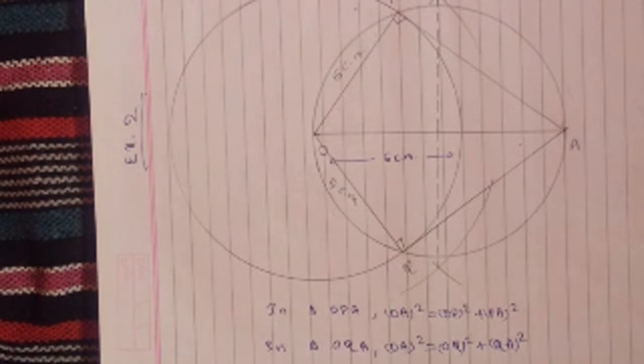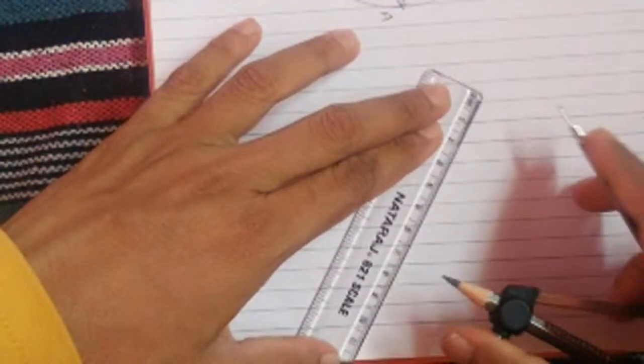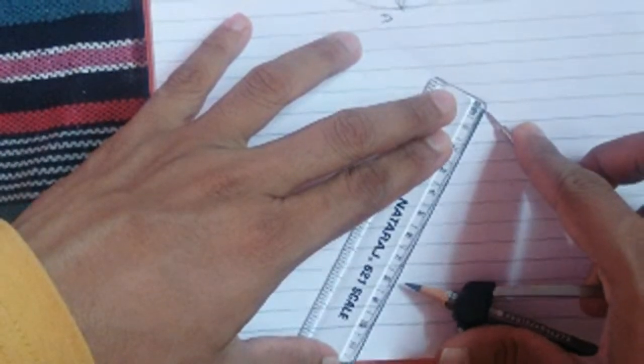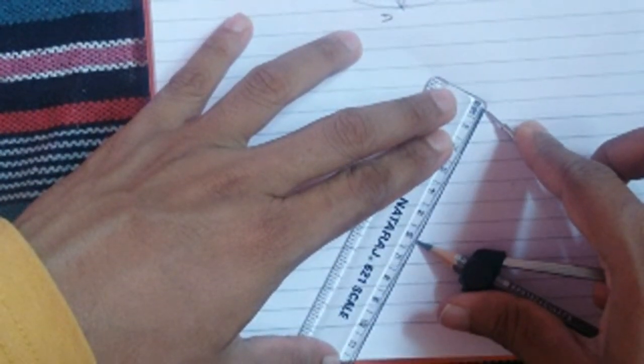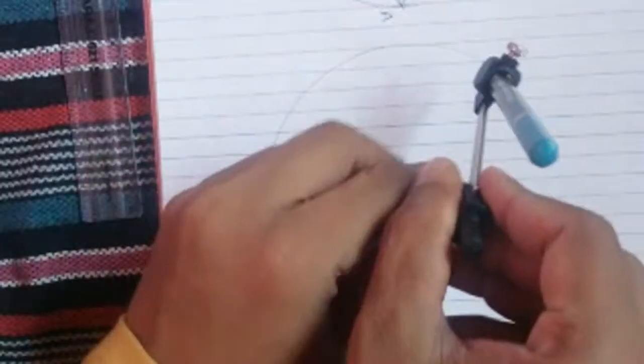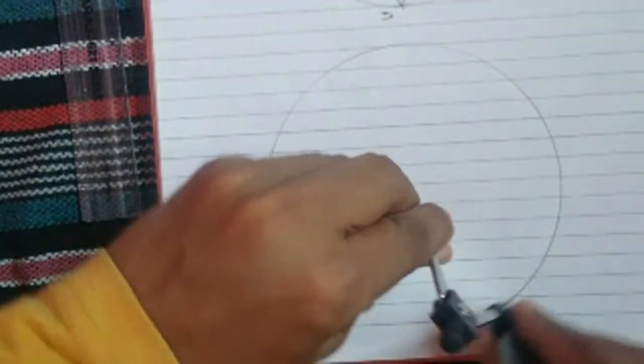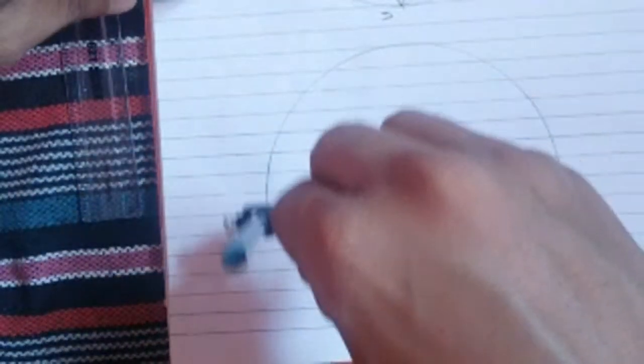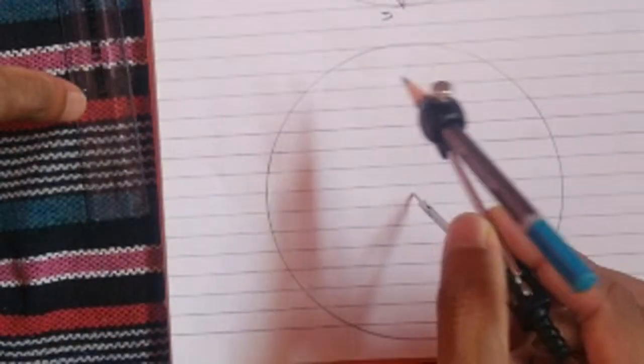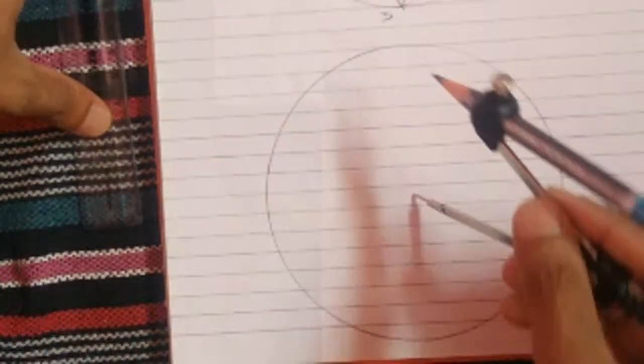Now I will draw one circle of radius 6 cm. So 6 cm length from this. Okay, it is possible to draw. Six centimeter length, radius is 6 cm.